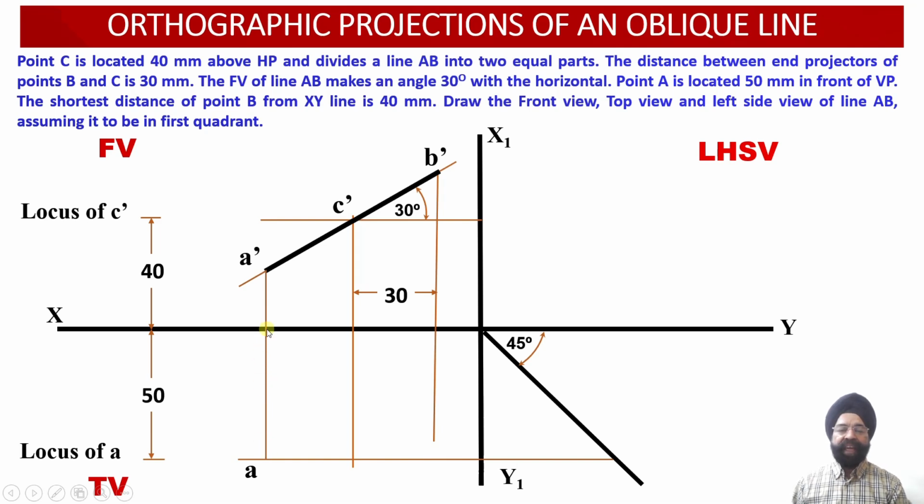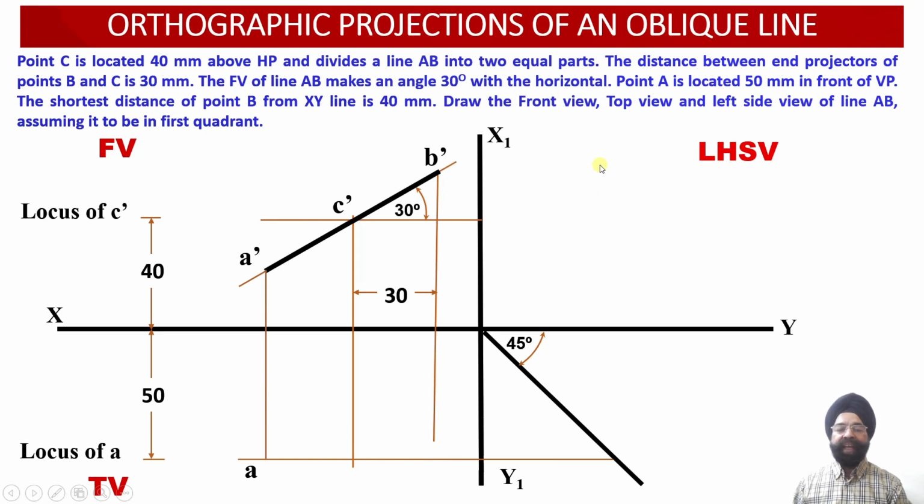Now once we measure this distance of 50 millimeter, this horizontal locus line we have drawn and extended up to the transfer line. This transfer line was drawn at an angle of 45 degree, and the purpose of this transfer line is that whatever is the distance of this point A from the vertical plane in the top view projection, we are going to transfer it into the side view projections.